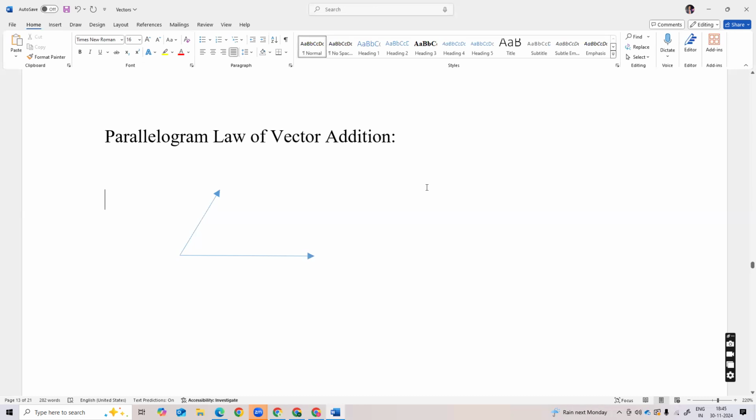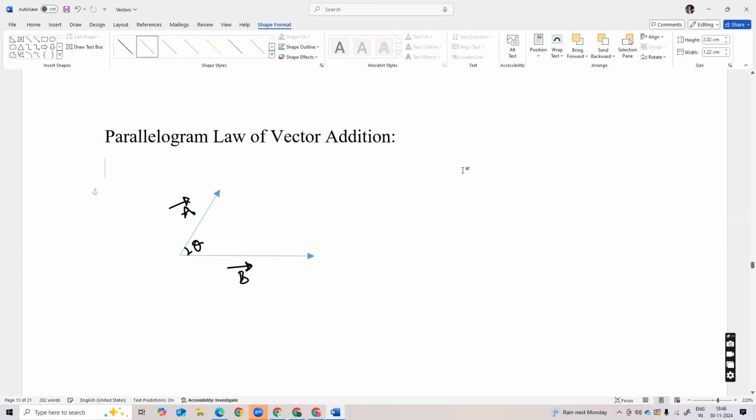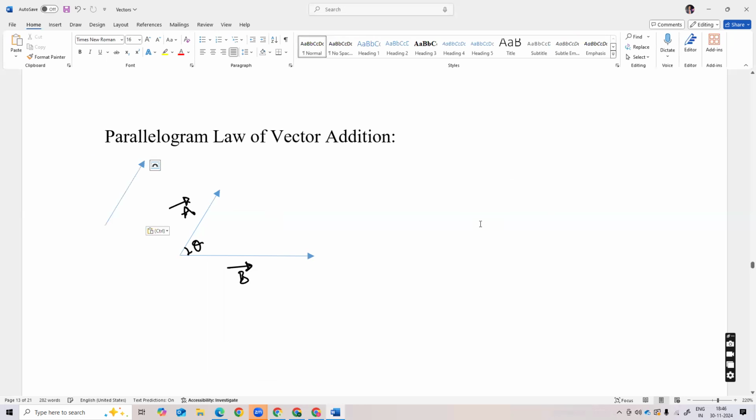Okay, so let's say we have two vectors, vector A and vector B, and we have to find the resultant of these two vectors. Let's say theta is the angle between these two vectors. From the properties of vectors, we have learned that we can move a vector according to our need, as long as it has the same direction and magnitude, then it is the same vector.